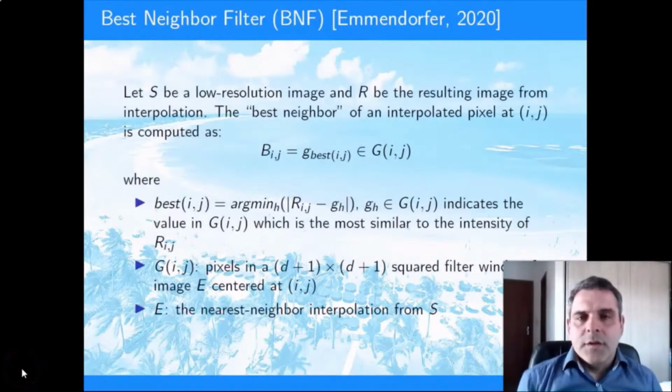The best neighbor filter was recently proposed by us. It takes a low resolution image S and an image R, which results from the application of an interpolation algorithm to S. The filter mixes information from both the original image S and the interpolated image R, replacing each pixel in R by its so-called best neighbor, which comes from the original low-resolution image S. Best neighbor is a nearby pixel from the original image, which is the most similar to the corresponding interpolated pixel.